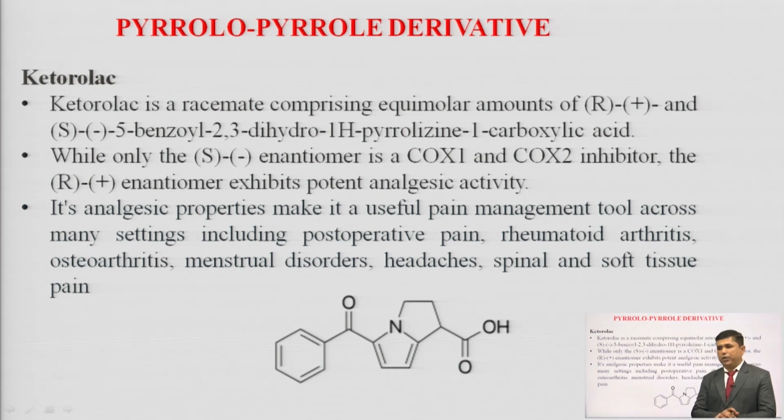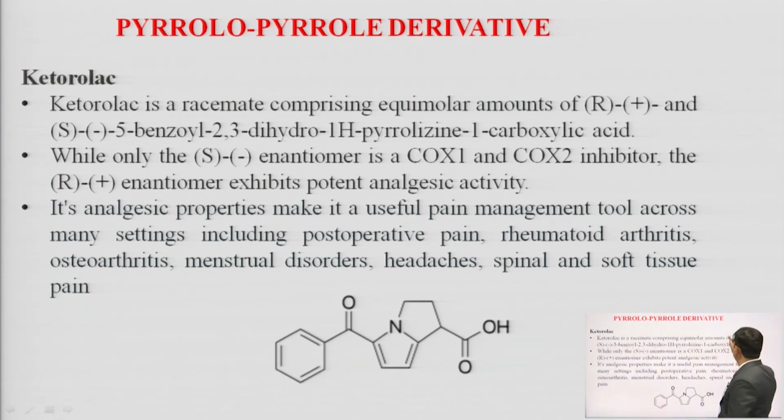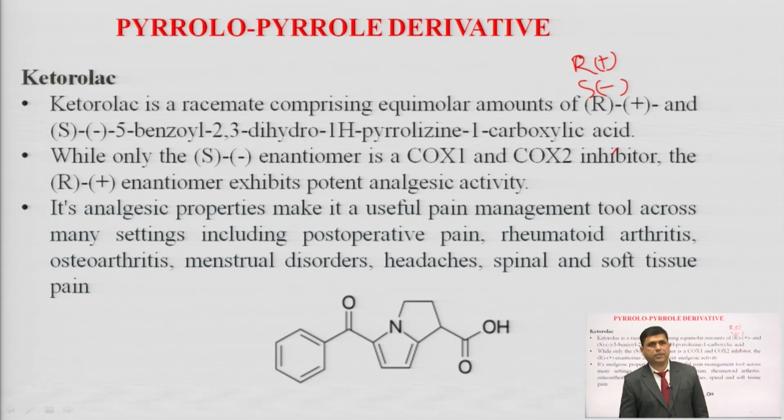Next category, pyrrolo-pyrrole derivatives, that is ketorolac. Ketorolac is known for its very good analgesic properties, and it is used as both the R plus and S minus enantiomers.